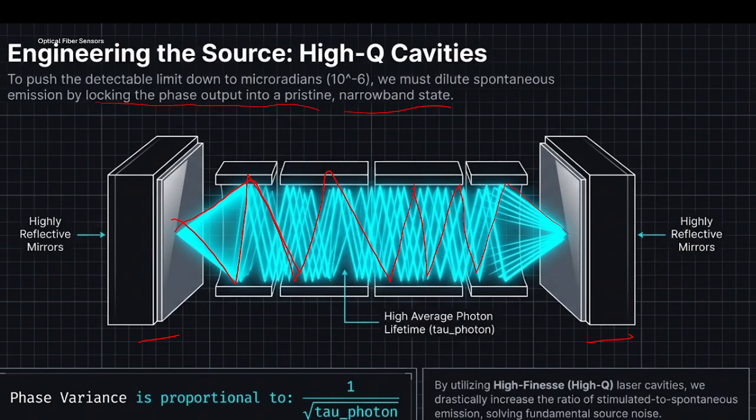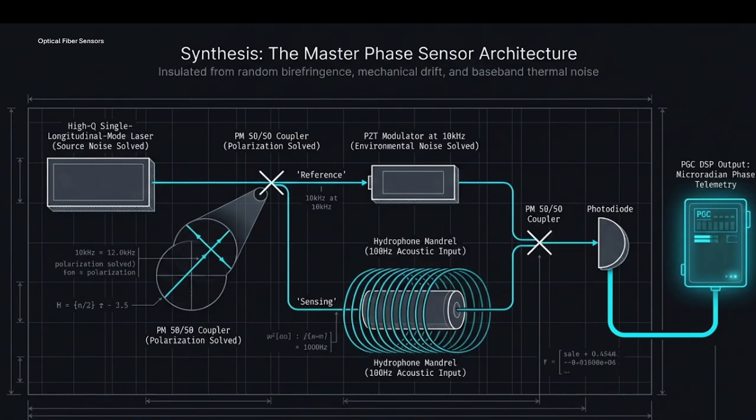Yeah, we got it. So the spontaneous emission you can reduce by locking the phase, but you need a very high Q cavity. And a high Q cavity doesn't mean it will be very cheap or a normal price. The prices will be quite high, because the crystals or the reflective mirrors will be costly for the laser.